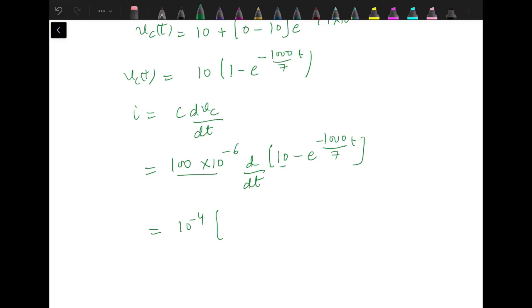Differentiation of this one is 10 into (0 minus e raised to power minus 1000 t by 7) into minus 1000 by 7.